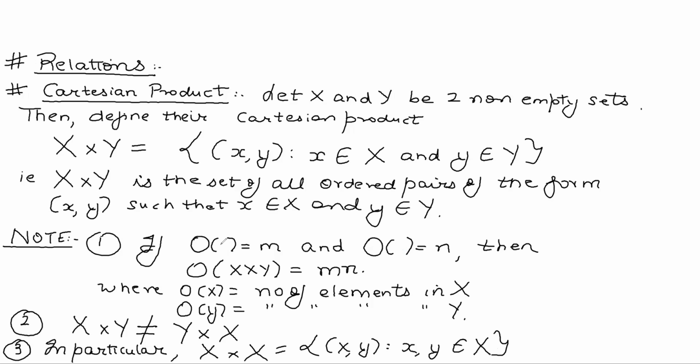Capital X and capital Y. If the set X consists of m elements and the set Y consists of n elements, then the Cartesian product X cross Y will consist of m into n elements, where O(X) is the number of elements in X, O(Y) is the number of elements in Y.